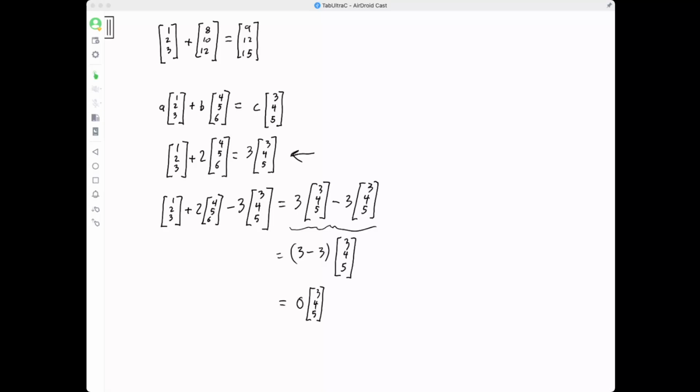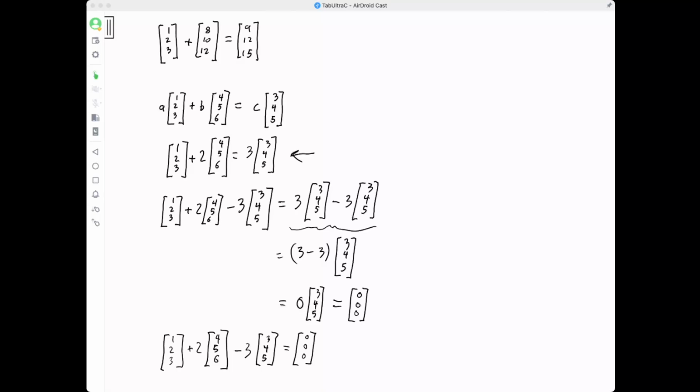If I multiply a 0 times a vector, I'm going to end up with a vector with all zeros, because 3 times 0 is 0, 4 times 0 is 0, and 5 times 0 is 0. So what I end up with is 1, 2, 3 plus 2 times 4, 5, 6 minus 3 times 3, 4, 5 is equal to 0, 0, 0.